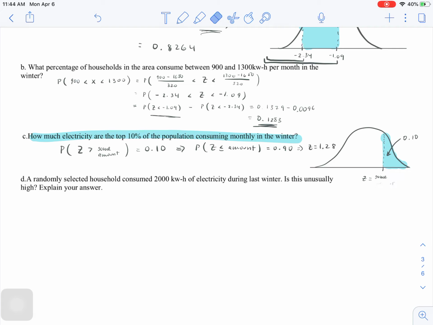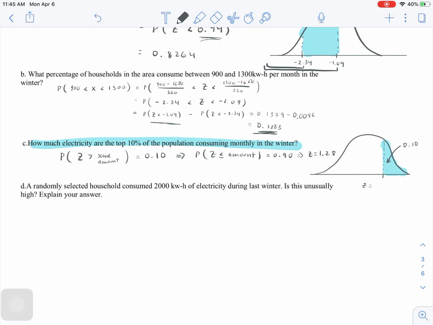So I can replace this here with 1.28. So I know the z-score. Now I want to put that in terms of our variable, kilowatt hours. So I want to convert from the z-score back to a random variable x.